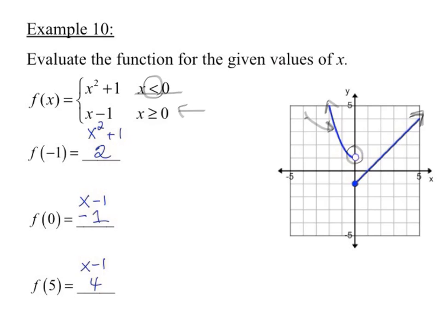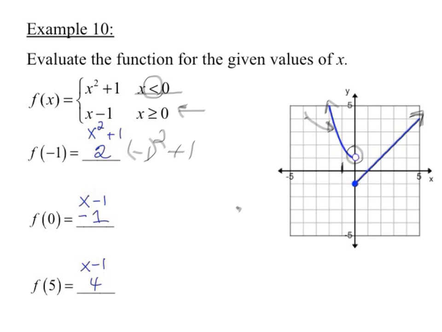For f of negative 1, we're looking here. So we're going to use this first graph. And so we're going to put in negative 1 squared plus 1, which is 2. For f of 0, remember we don't use this first line, we use the second line.